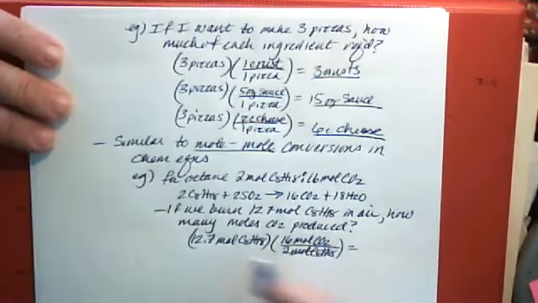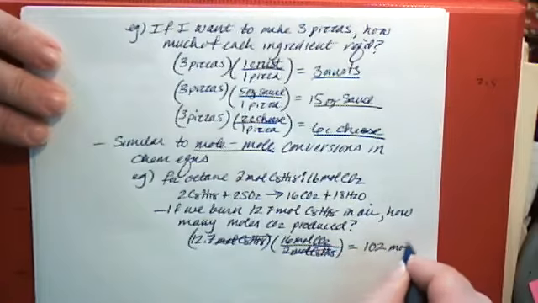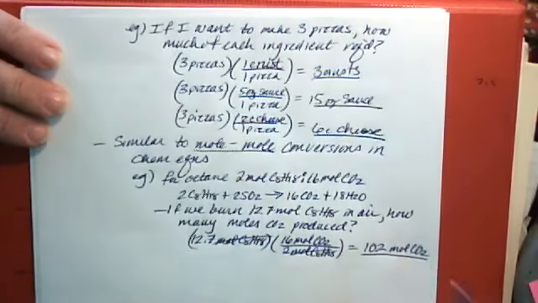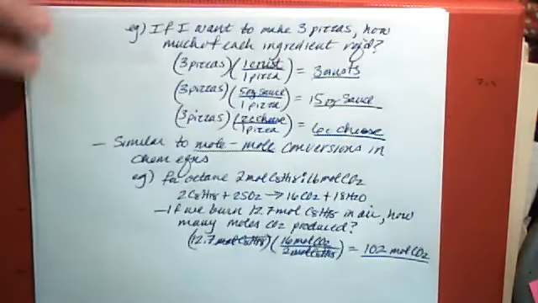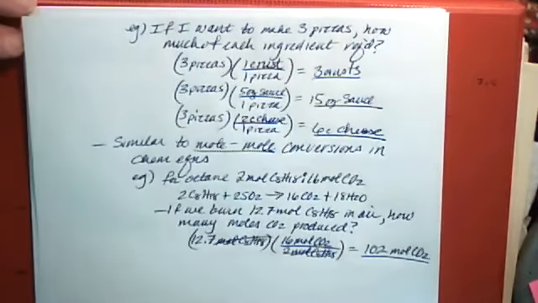We end up with 12.7 times 16 divided by 2, which is 102 moles of CO2. It's actually 101.6 something, but I've rounded it off to 3 significant figures because of 12.7.